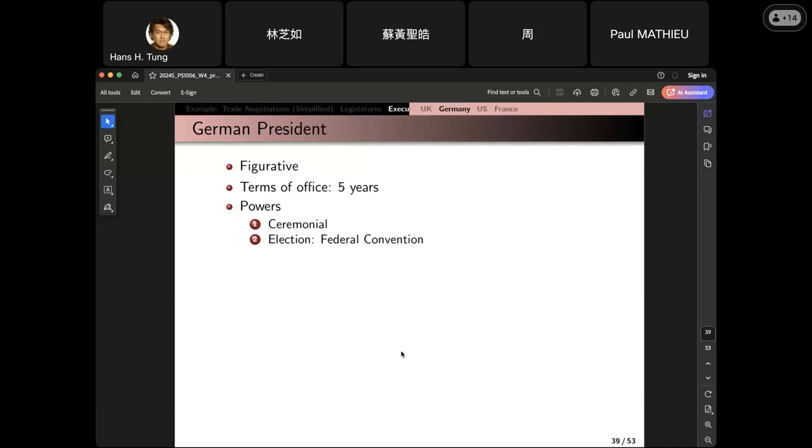So they can also pass resolutions, but there are different kinds. First kind is the simple resolutions. These can be passed at either one, and you don't need presidential signature. For simple resolutions, there's no legal power.